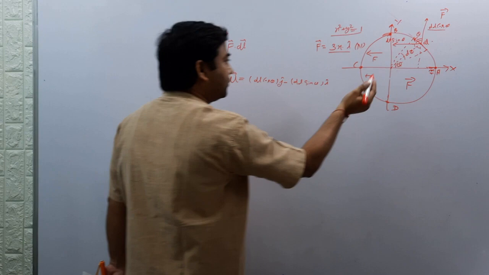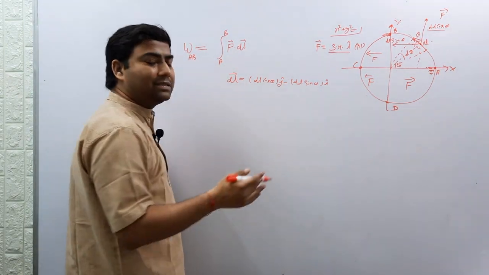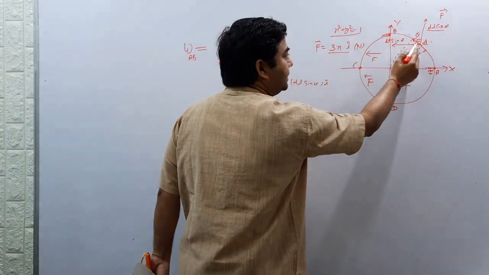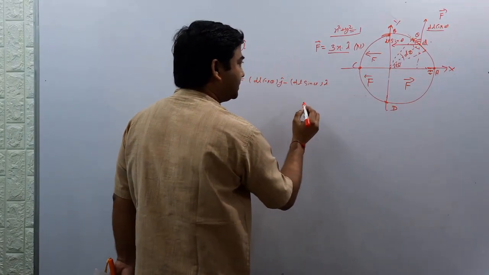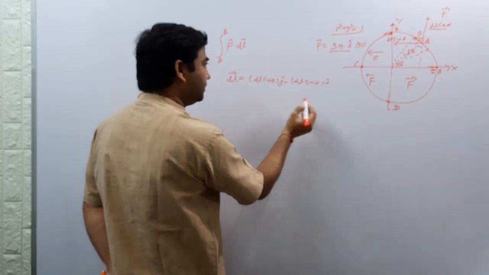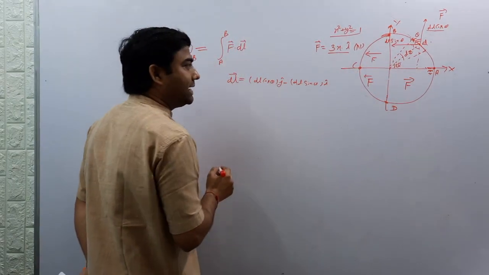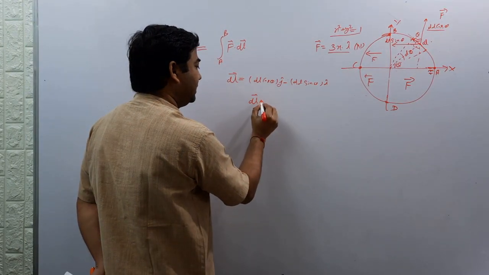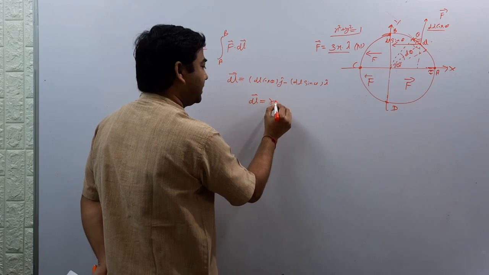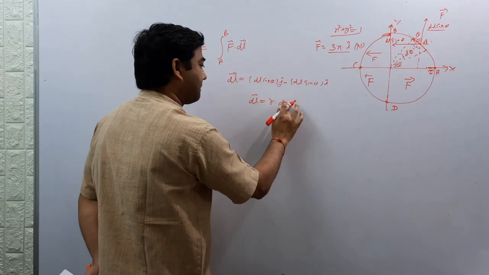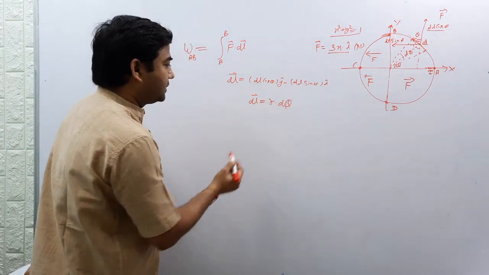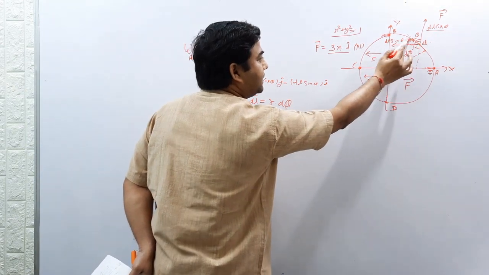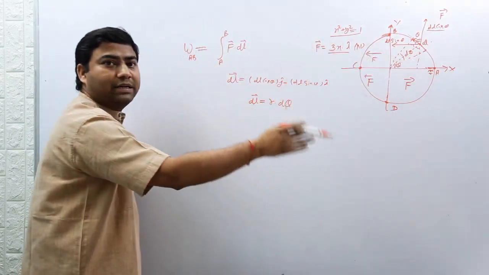Similarly, from the simple formula of angle subtended by an arc at the center, for an arc, this arc is dl. The formula is given by dl is equal to r d theta. R is the radius of the circle, and d theta is the angle subtended by displacement vector dl.